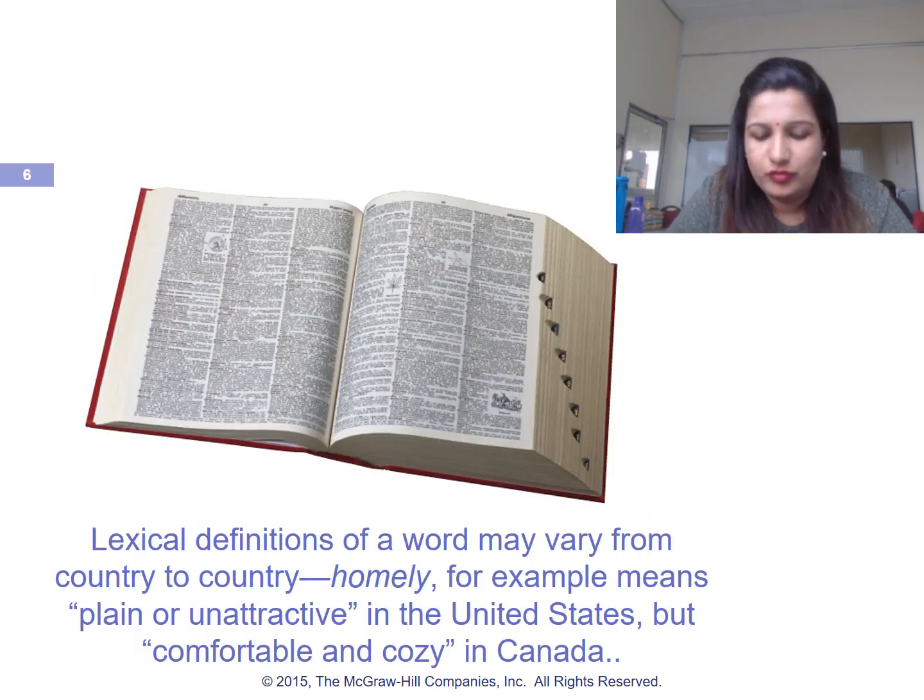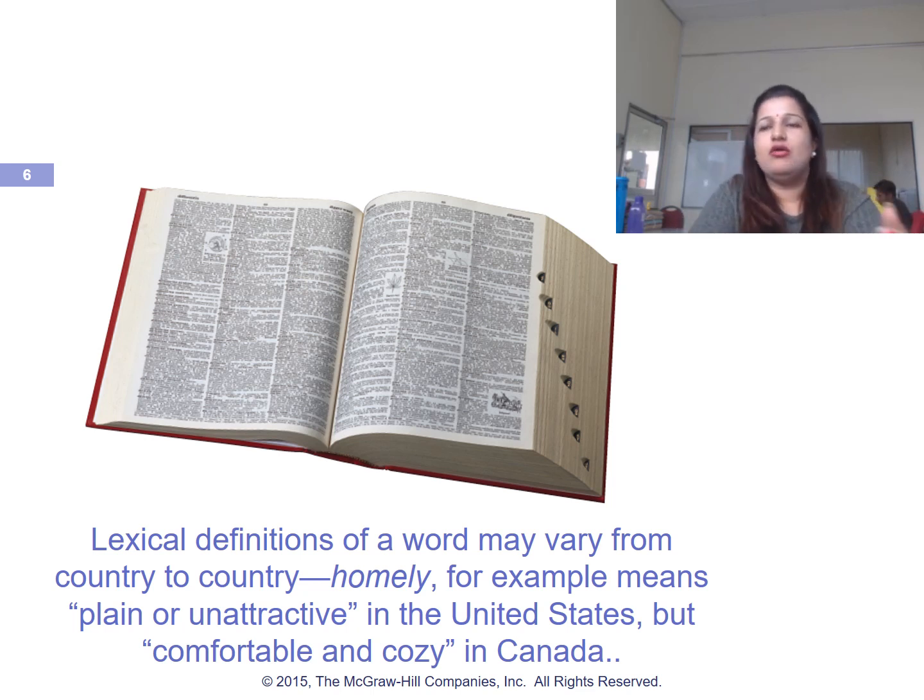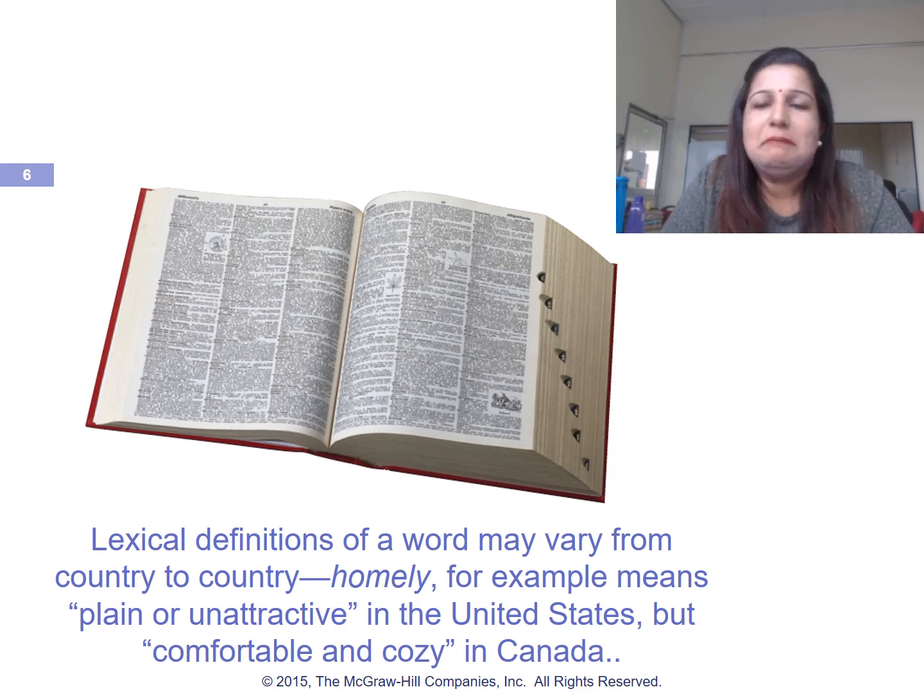Okay, let's take a look at this one example, the word homely. The word homely, for example, is very different in the US compared to another country, say Canada. Why? Because in the United States, homely is just merely plain, very unattractive, very boring. But in Canada, for example, homely basically means very comfortable, very cozy, makes you feel at home.